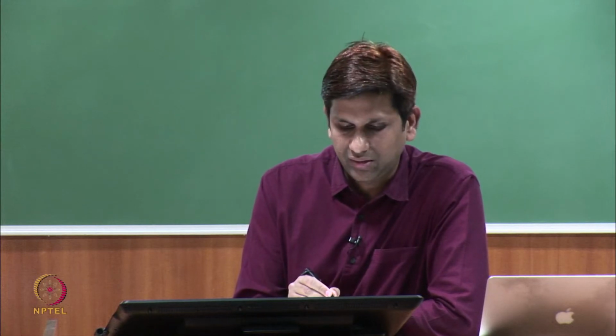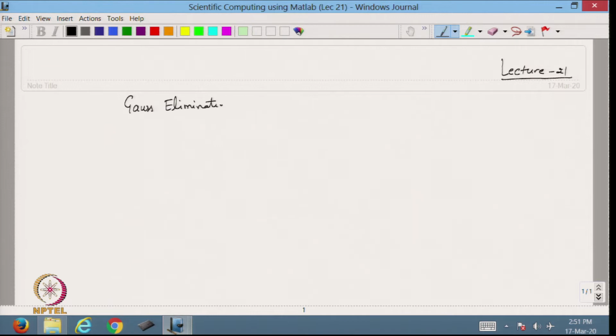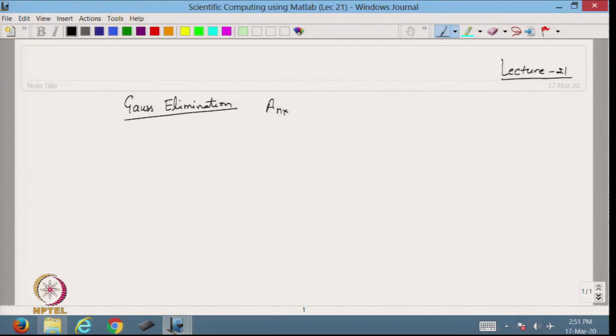So, in the previous lecture we discussed the direct method, that was the Gauss elimination. We discussed that suppose I have a system with an n cross n matrix, and this is my system of linear equations.